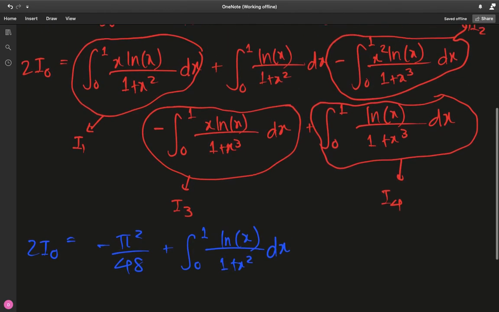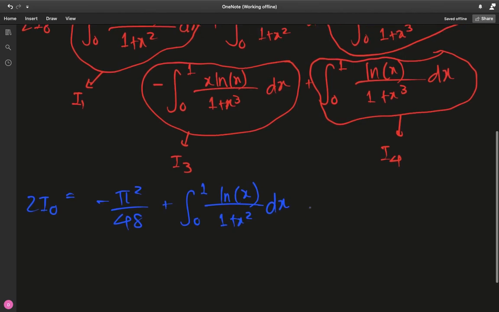And then this I2 turned out to just be pi squared over 108, and then these I3 and I4 basically turned out to be pi squared over 108 minus pi squared over 12.